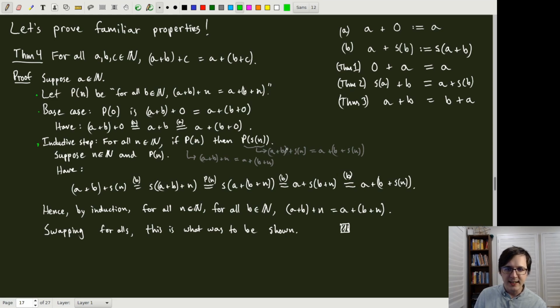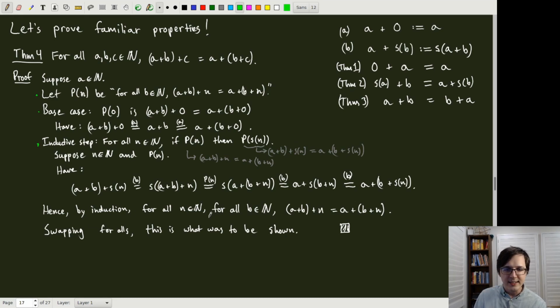Starting with the left-hand side of what we want to show, we can apply definition B in the forward direction to pull the s to the outside, then apply the induction hypothesis P of n to the interior of s, which reassociates the parentheses. Then we can apply B in the reverse direction to push s back onto the inside, and then apply B once more to push s all the way to the last argument. And that gives us P of s of n.